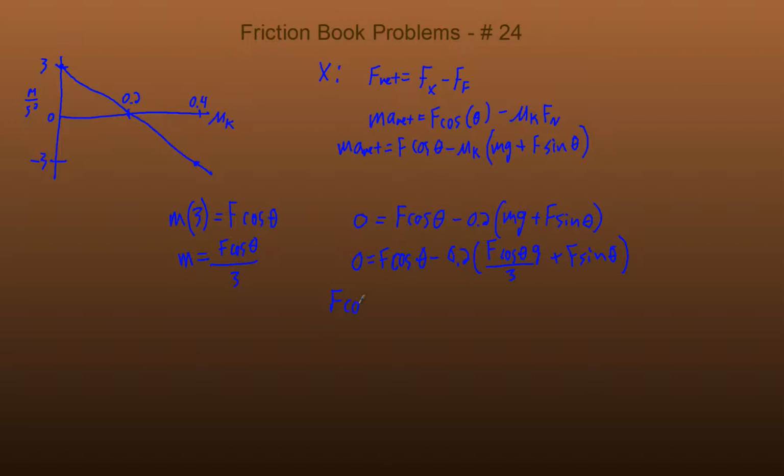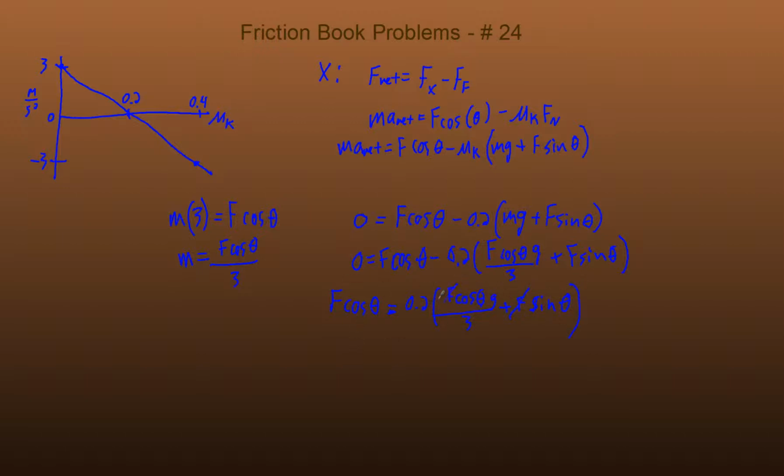F cosine theta on this side equals positive 0.2 F cosine theta g over 3 plus F sine theta. So not only did we get rid of m by this substitution, but look, each term has an F in it.